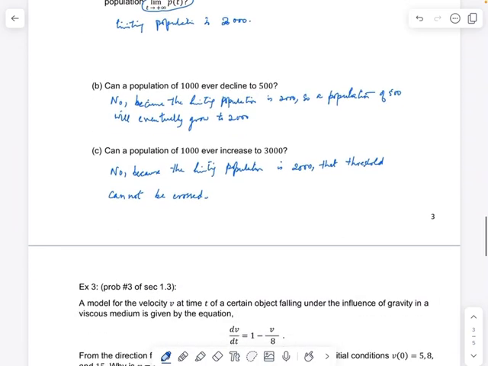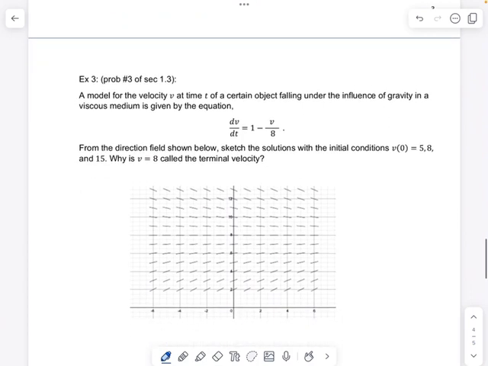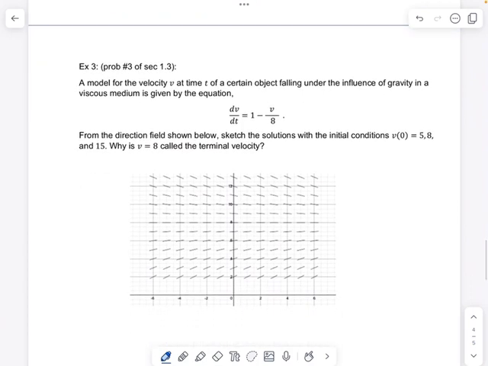Okay, the next example is actually from the exercise. It says a model for the velocity v at time t of a certain object falling under the influence of gravity in a viscous medium is given by this equation. That dv/dt, the rate of change of the velocity, is equal to 1 minus v over 8.